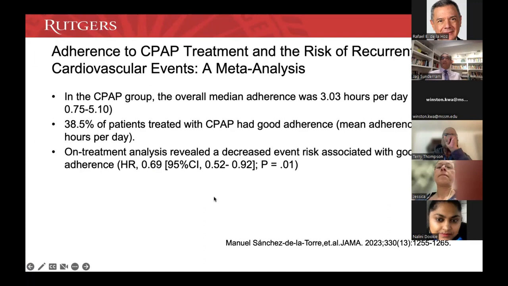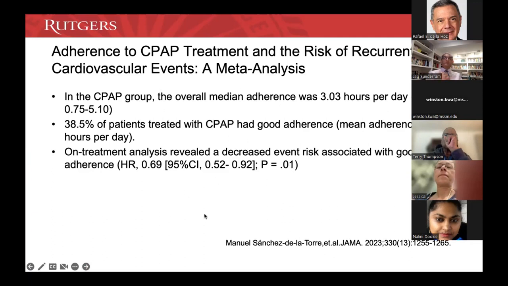Now, when they looked at adherence to CPAP and the risk for recurrent cardiovascular events, the median adherence was about 3 hours. However, about 39% had good adherence. In the on-treatment analysis, those who had good CPAP adherence had a hazard ratio for developing a subsequent event that was significantly lower.